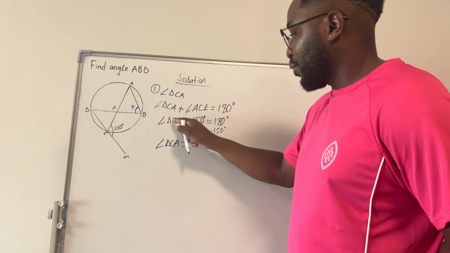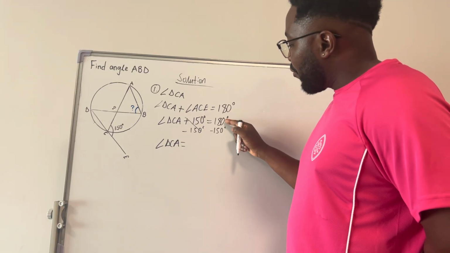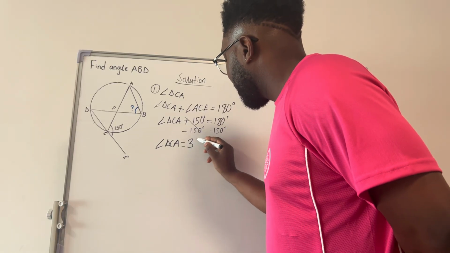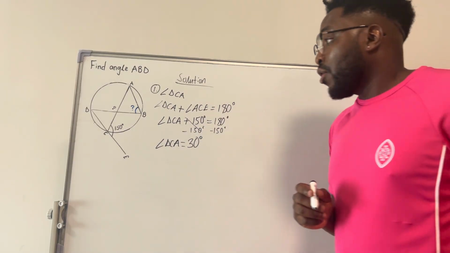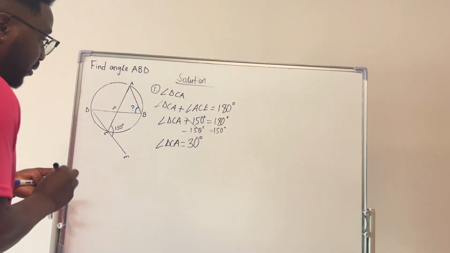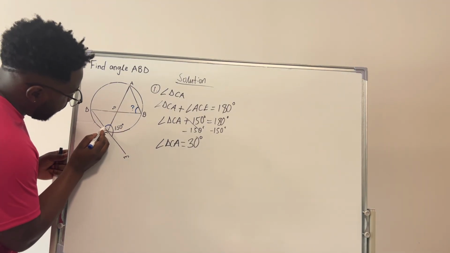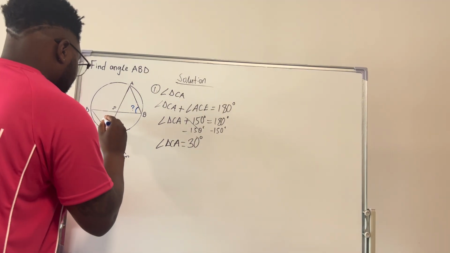So 180 minus 150 leaves us with 30 degrees. So now we have found that our angle DCA is 30 degrees.